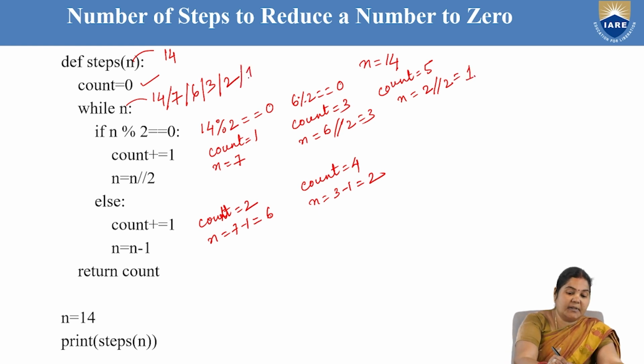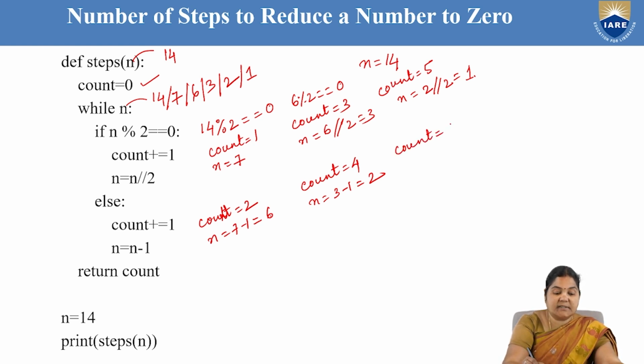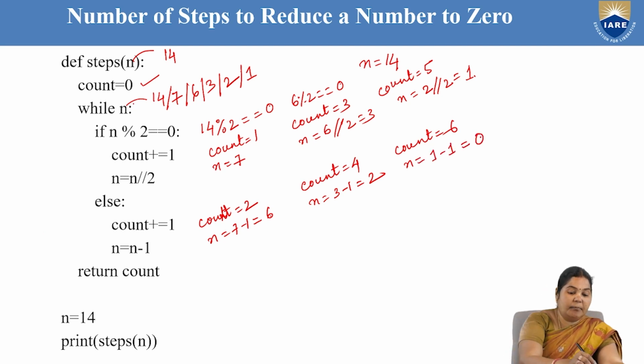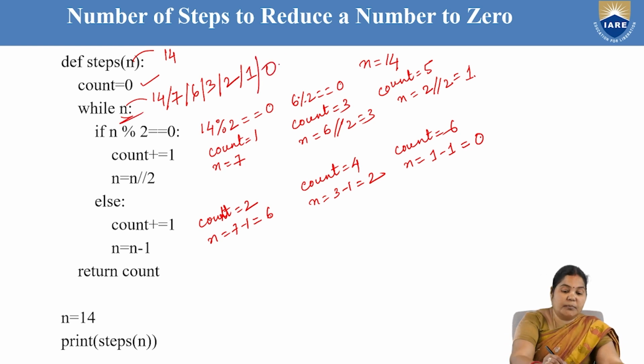Next time my number becomes 1. Now it's an odd number. Coming here, increment the count to 6 and n is equal to 1 minus 1. It becomes 0. So when my number becomes 0, my loop is going to stop because the loop condition is false now.